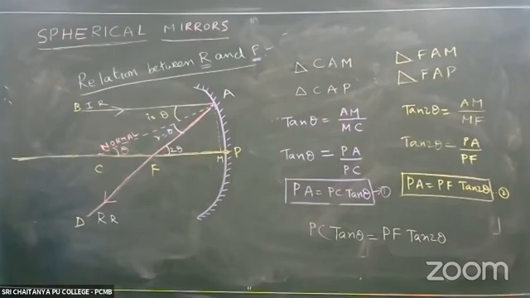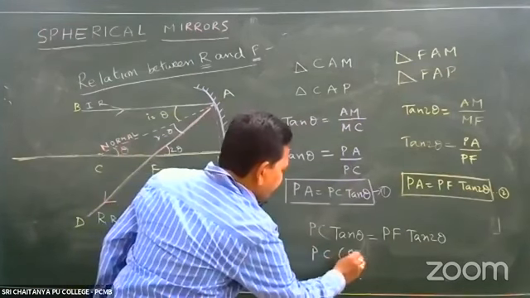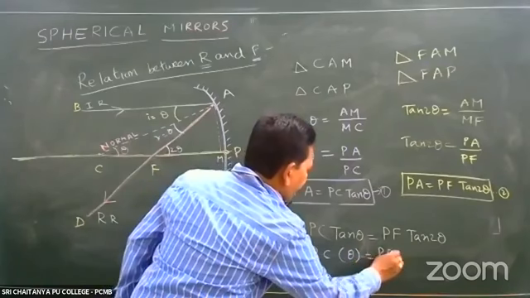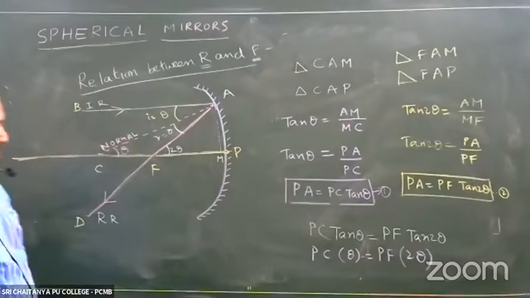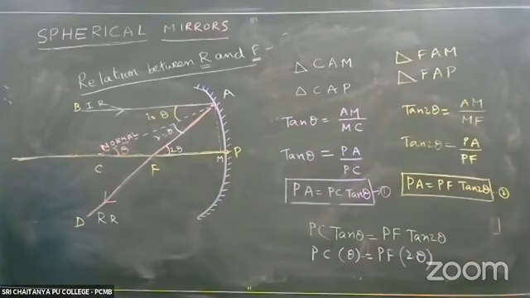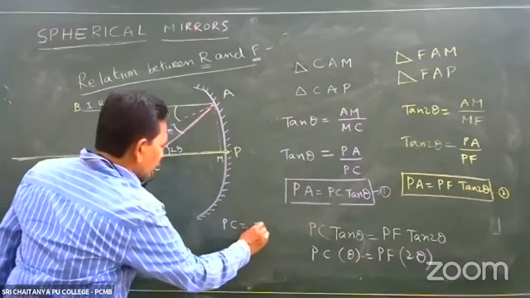But previously we studied that when the angle is very small, tan theta and sin theta can be taken as simply theta. This is true only when angles are small. So PC into theta is equal to PF into 2 theta. Theta cancels, so PC is equal to 2PF.